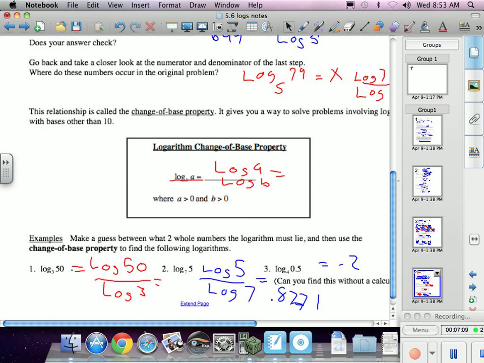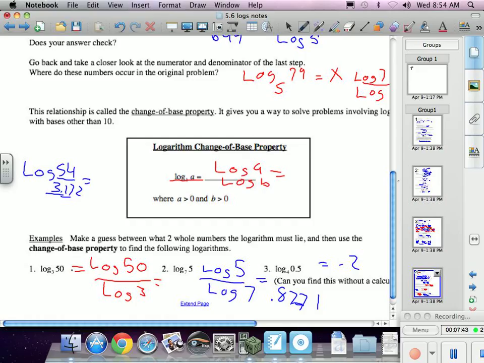How we use the change of base formula is that, let's say we were given something like log base 3 of 54. This is asking the question, what do I have to raise 3 to make it equal 54? Well, I don't have a log base 3 button on my calculator. I could even have some number like 3.172. If I want to use my calculator to find this answer, what do I have to raise 3.172 to make it equal 54?